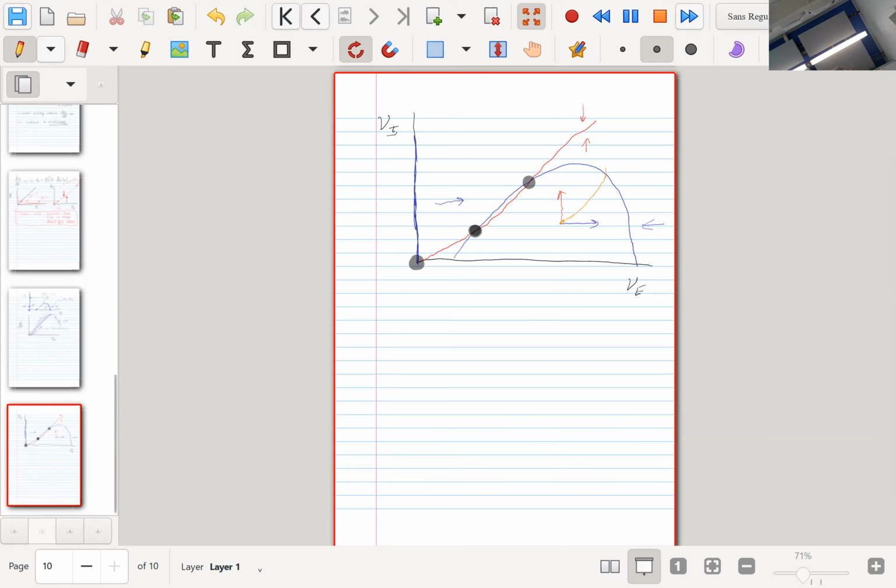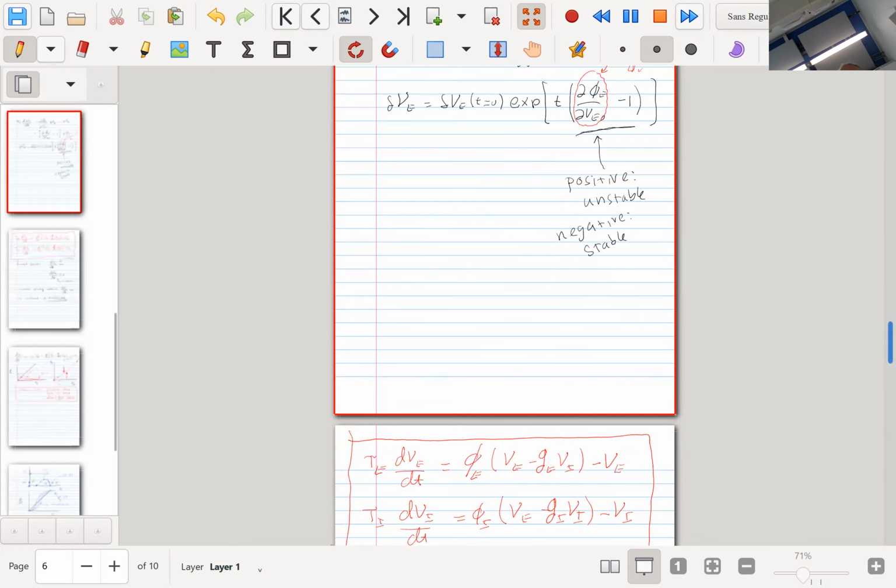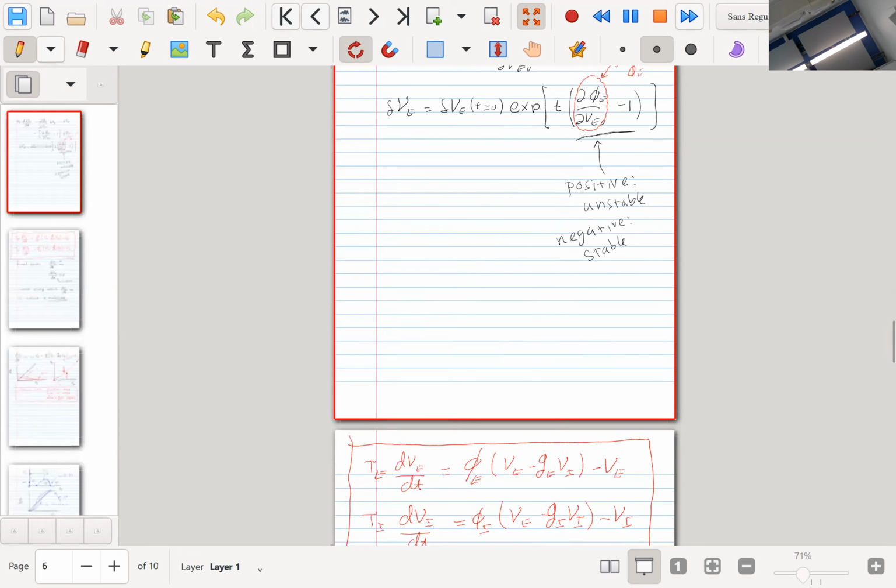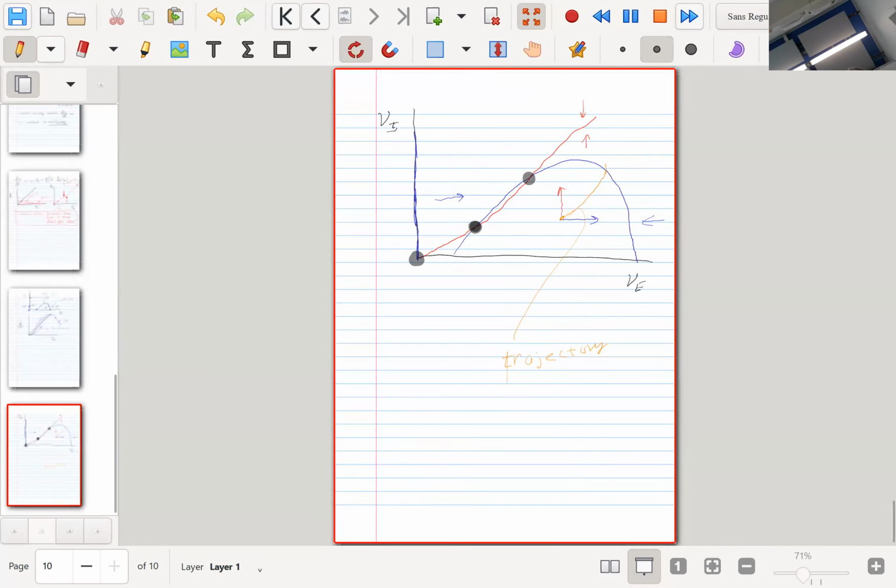The orange is a trajectory. At the blue nullcline, the trajectory is basically completely vertical. And as we go above, we get pulled over to the right, and over here it's horizontal. You can tell from that this is stable.